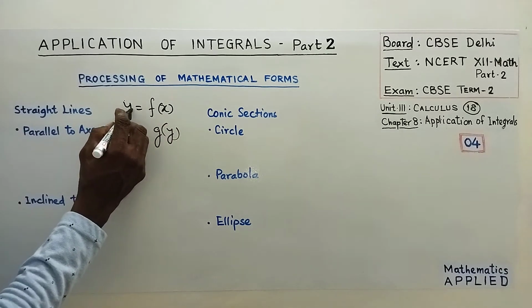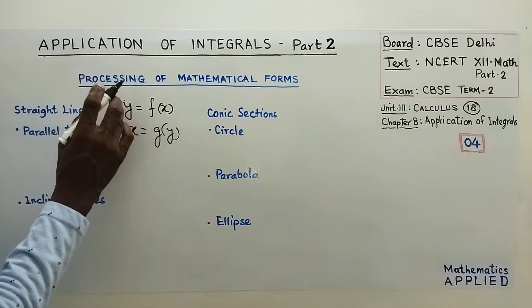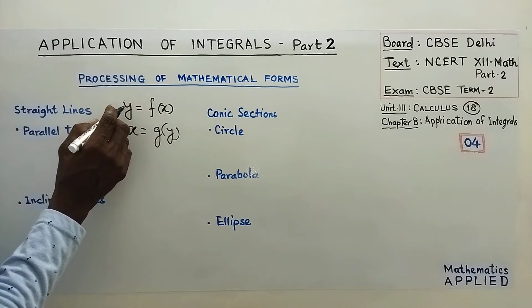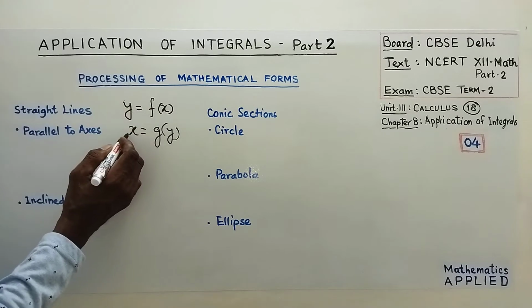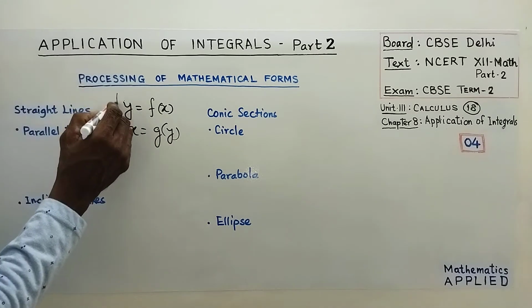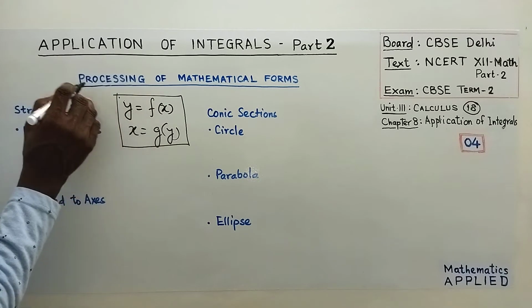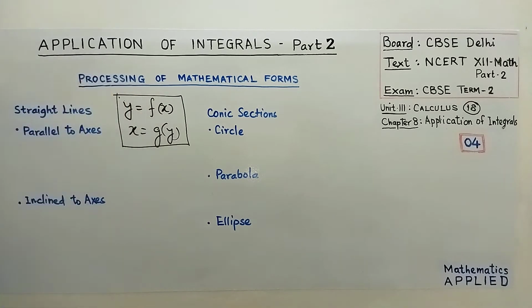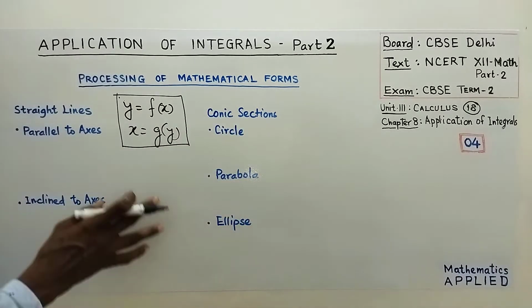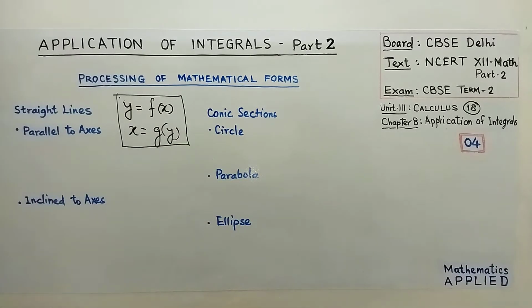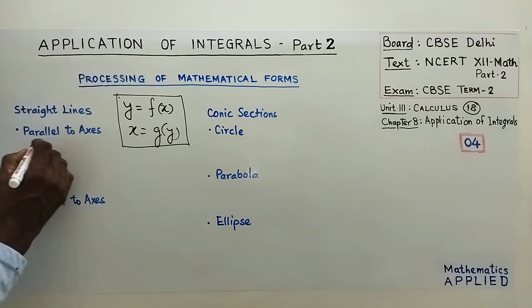That is, you have to show y in terms of x and x in terms of y. This is our ultimate goal. That is what I mean when I say processing of mathematical forms. Every object has mathematical forms. So let's go quickly across.